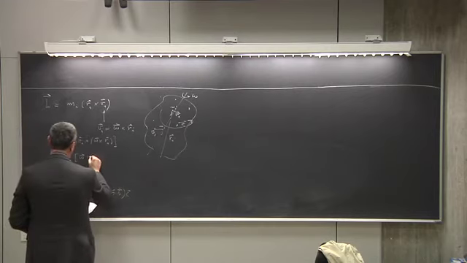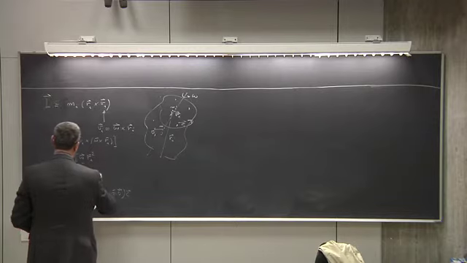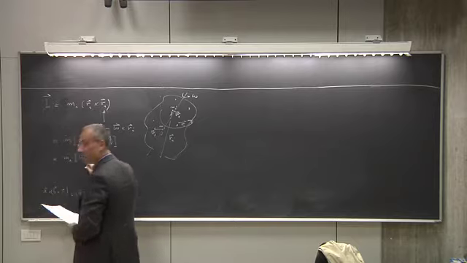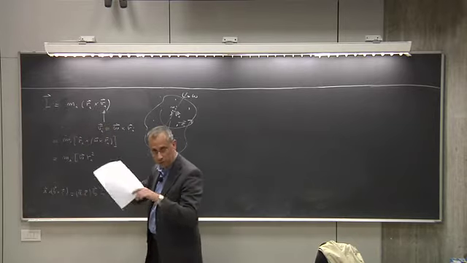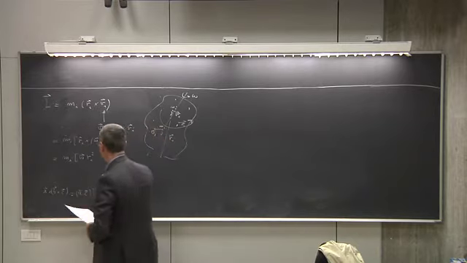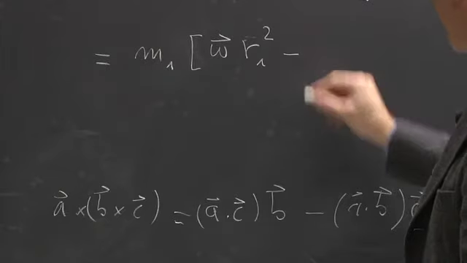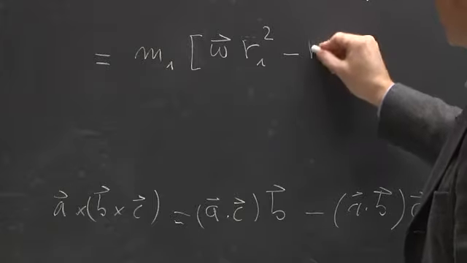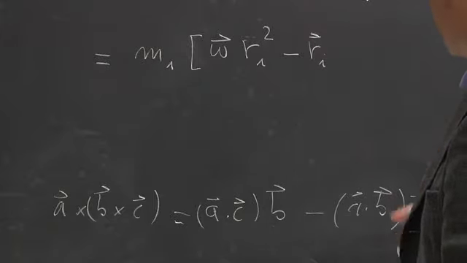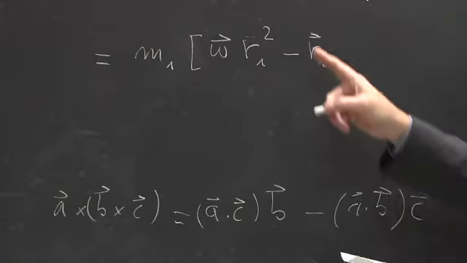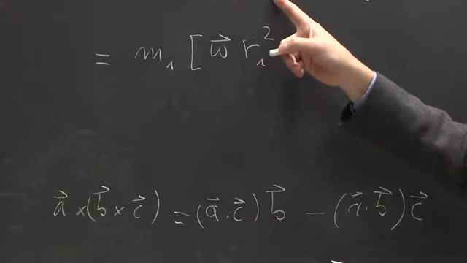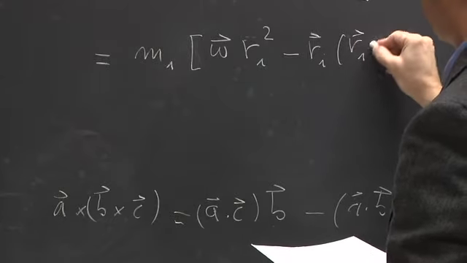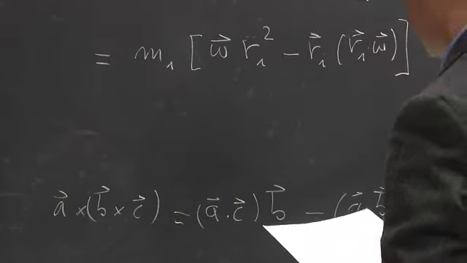So it's r_i squared, okay? This is now a scalar quantity, because you take the scalar product of two vectors. So minus C, right? So C here is r_i, so this is the vector r_i. Then you have to take r_i scalar omega, like this.